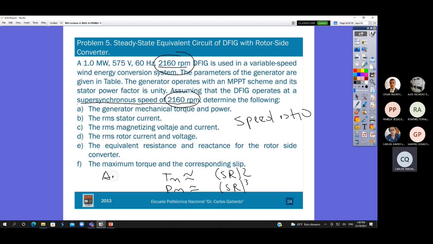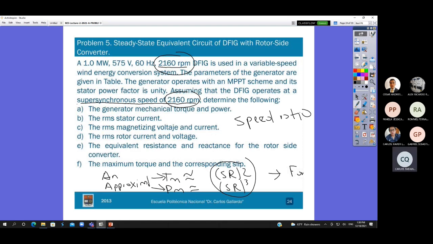This is an approximation. So we have two ways to compute the mechanical torque and the mechanical power. The first one is using this approximation, and the second one is using the formulas. Later on, I will cross-check.